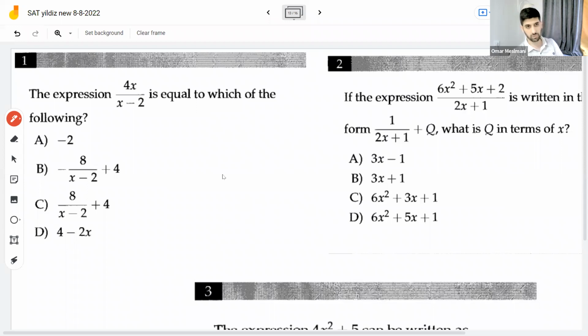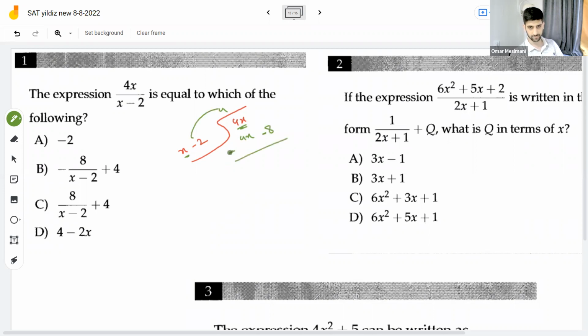One way I can do is, he's saying the expression is equal to which one. I can take 4x and divide it by x minus 2. I guess this is going to take long, but I will show you. 4x divided by x is 4. 4 times x is 4x, and 4 times minus 2 is minus 8.